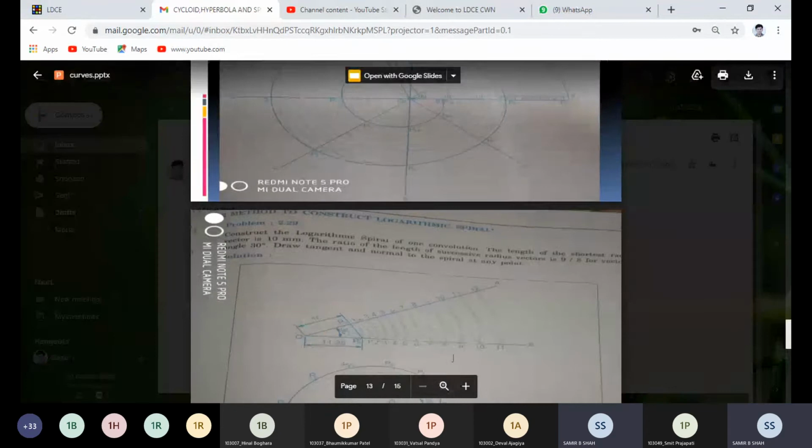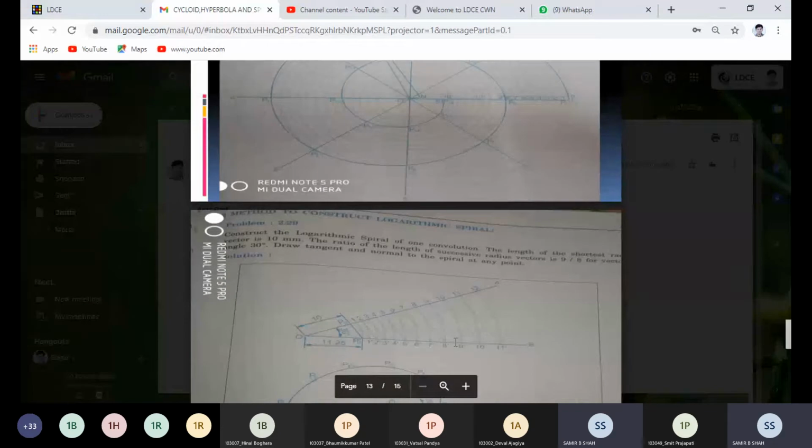Just please read the data, so it's very clear in your mind how you have to draw. Hope you get the data.